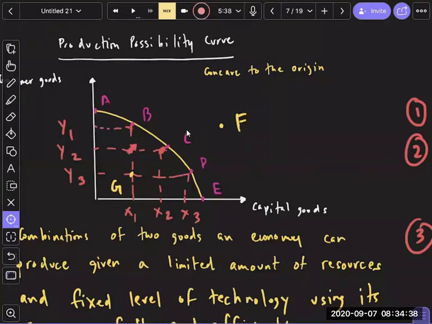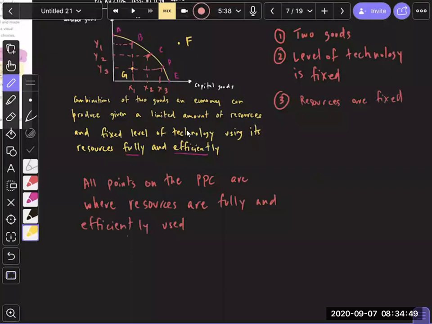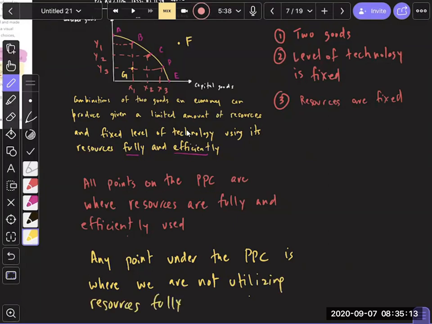Isn't that true? Similarly, if I'm making Y3 at point G, the maximum I can produce is X3. So which means, guys, any point under the PPC is where we are not utilizing resources fully and efficiently.